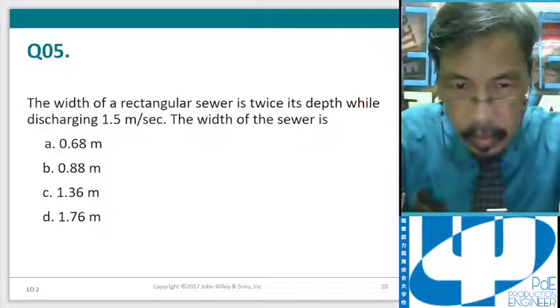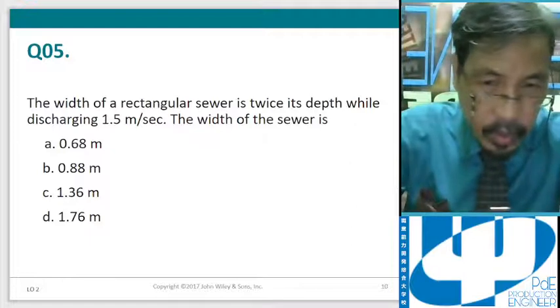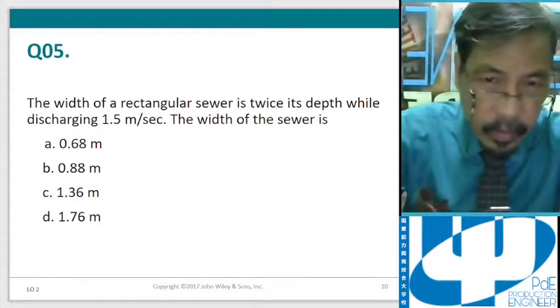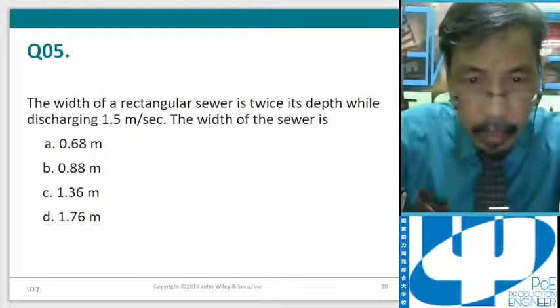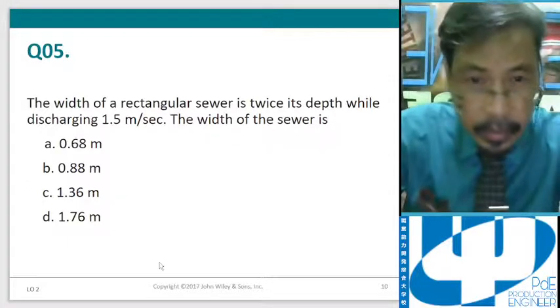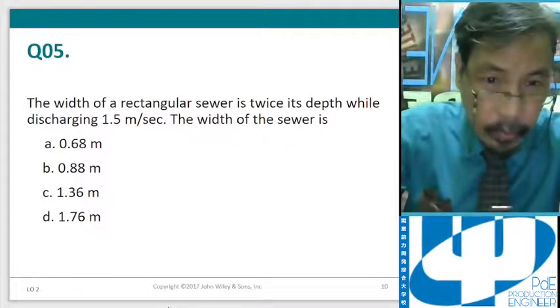The width times depth, 2d times d, is 2d squared. 1.5, about 1.3, 1.36. So this is 1.36.